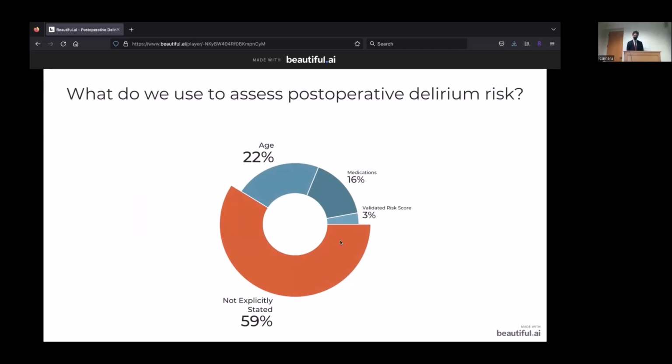We found that most people weren't using a validated risk score. About 3% of people actually used an objective measure. Some people used medications, which would typically make sense. Some people used old age. But about 2/3 of the faculty did not explicitly state how they assessed the patient's risk of postoperative delirium.